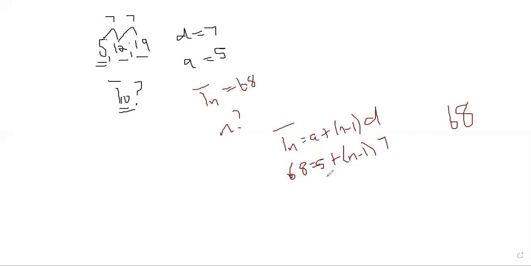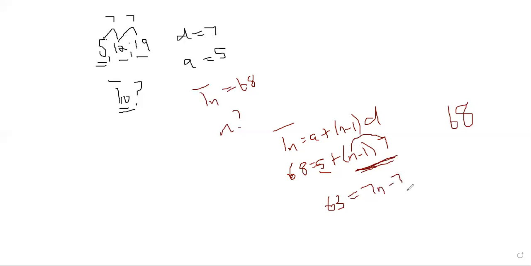From here, you take this 5 to the other side, so it's 68 minus 5. Why are we taking that instead of this? Because all of this is multiplied together, so you can't separate that. So this 5 goes to the other side, and we have 63 equal to, then you distribute the 7. 7 multiplied by n is 7n, and 7 multiplied by negative 1 is minus 7.